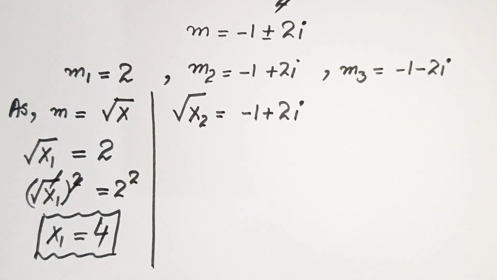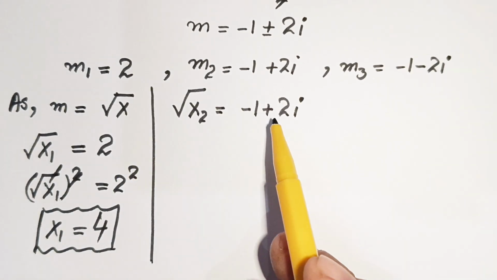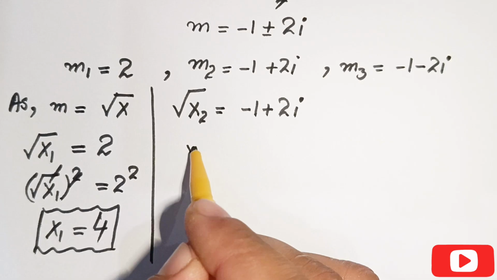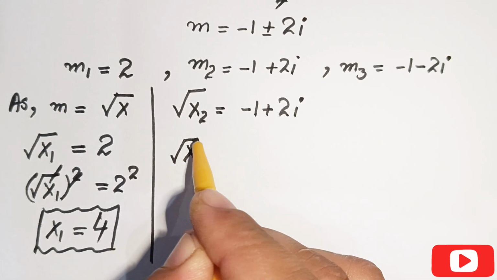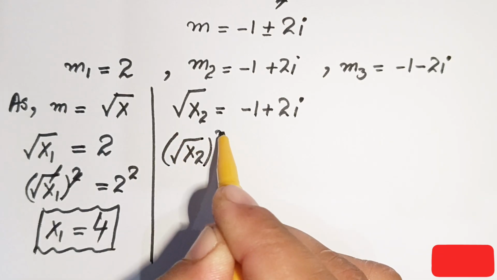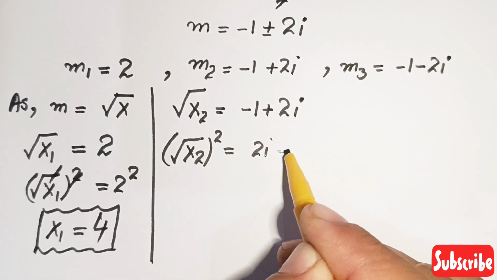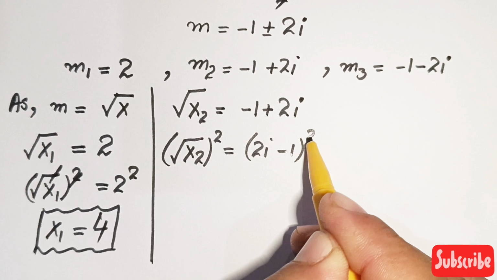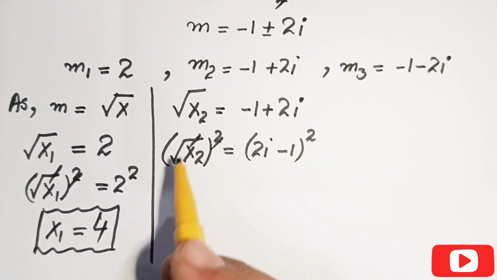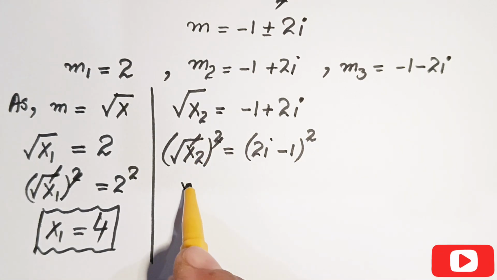Now taking square on both sides, square root of x2 whole squared is equal to 2i minus 1 whole squared. This square cancels with the square root.